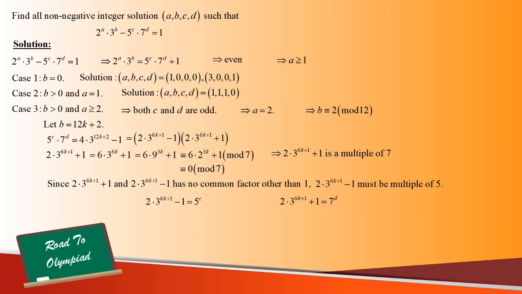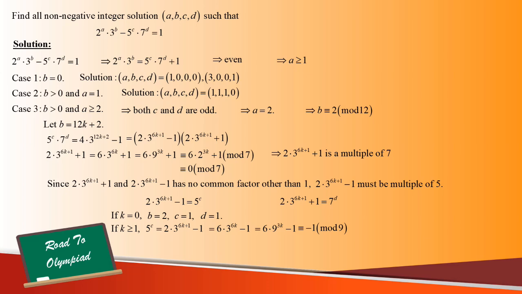We can easily see that if k is equal to 0, then we have b is equal to 2, c is equal to 1, as well as d is equal to 1. However, if k is at least 1, 5^c, which is equal to 2 times 3^(6k+1) minus 1, can be written as 6 times 3^(6k) minus 1, or 6 times 9^(3k) minus 1, is equal to negative 1 mod 9.